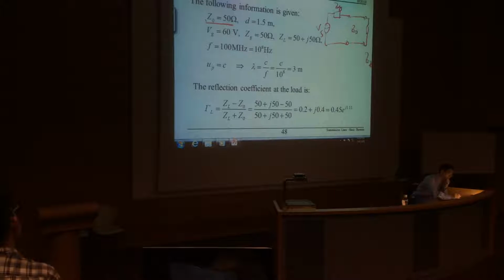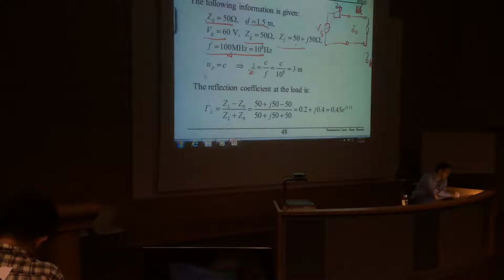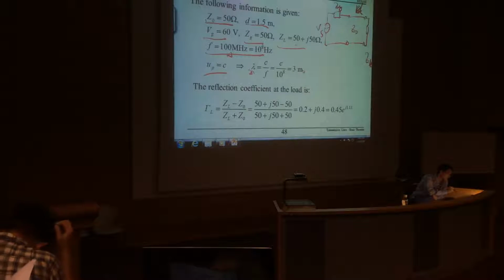This is a length, then this D. Vg is given, and the load impedance is also a complex number. From this, you can calculate the wavelength. Since this is C, it means epsilon r is equal to 1. If not equal to 1, the wavelength needs to consider the effect of epsilon r.